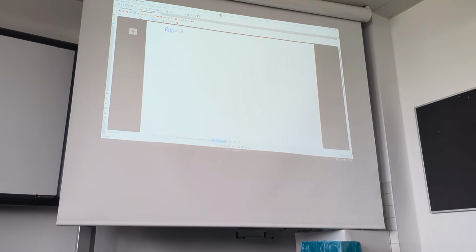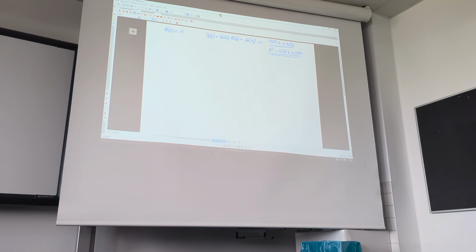We can say Y of Z is G of Z times R, which is just G of Z. And this is our 0.37 Z plus 0.26 over Z squared minus 1.37 Z plus 0.37.